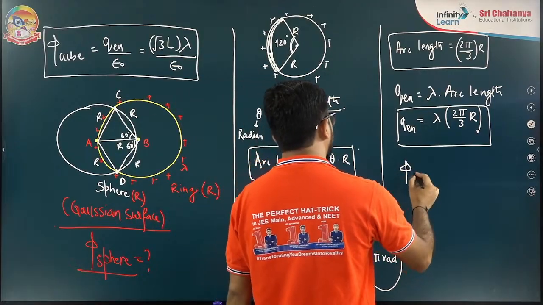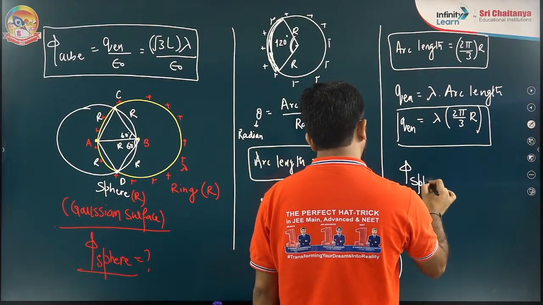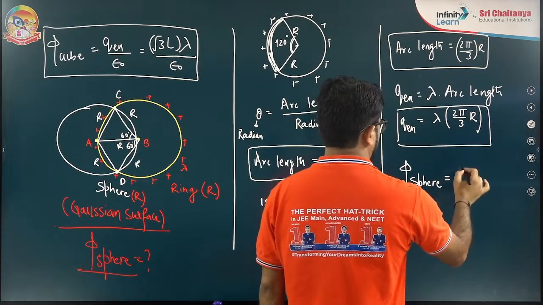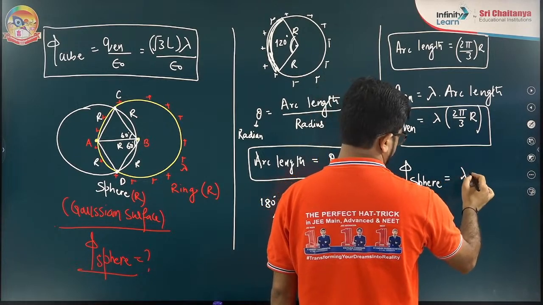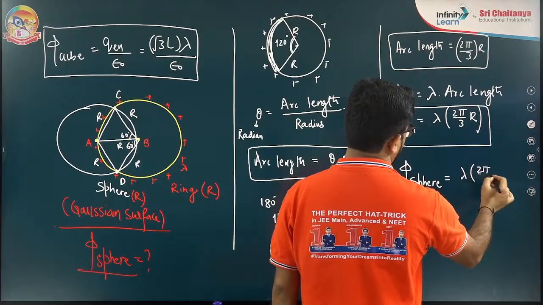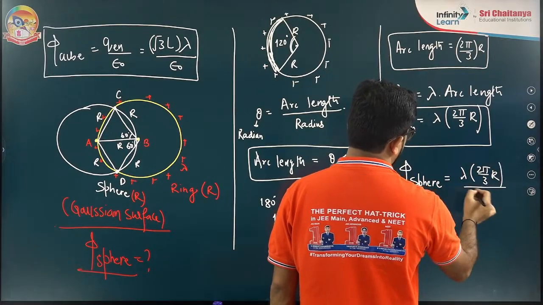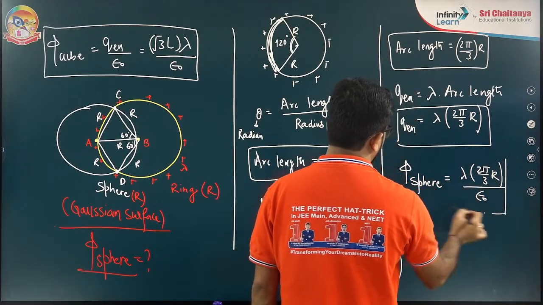So what is the flux through the sphere? Directly, the flux through the sphere is equal to lambda into 2 pi by 3 into r divided by epsilon naught, that is, Q enclosed by epsilon naught.